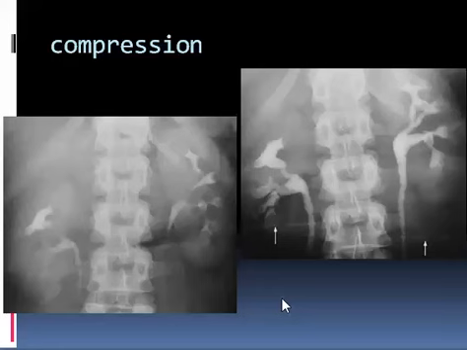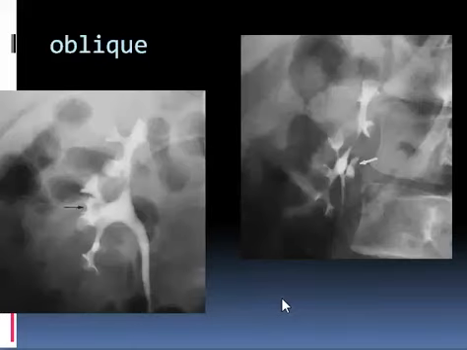Compression is intended to see the pelvic system well. Sometimes we resort to oblique views, and oblique views are, of course, to disclose such overlap. Here the minor calyces are overlapped. When you do an oblique view, you can see that one of them is directed backward and some is directed forward, but they are normal.